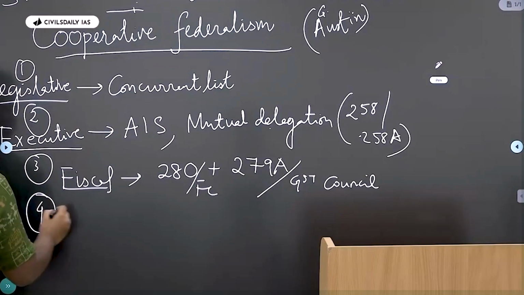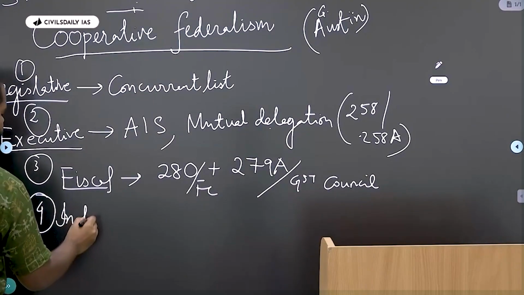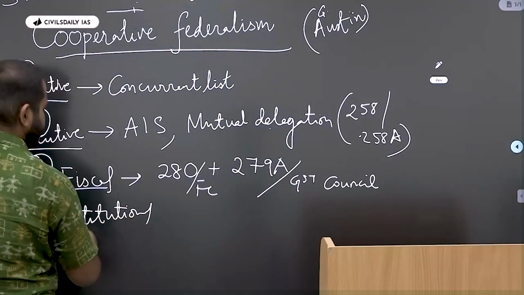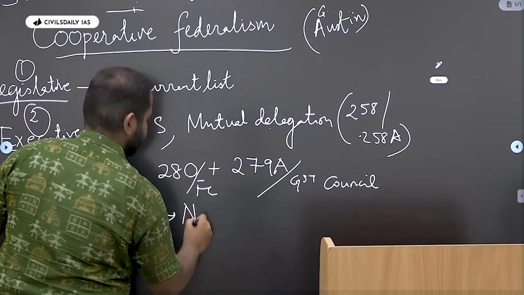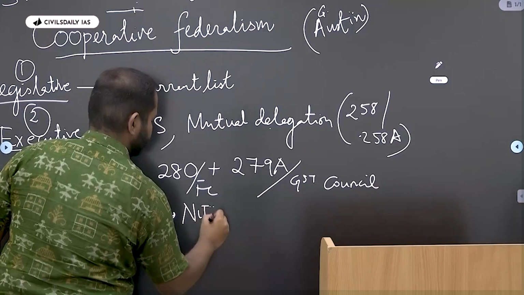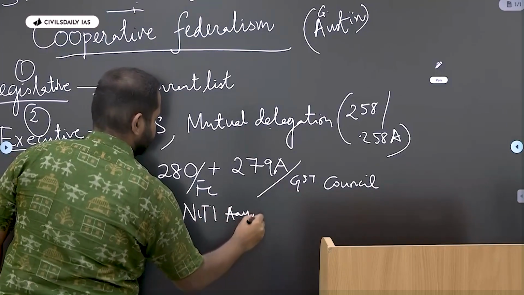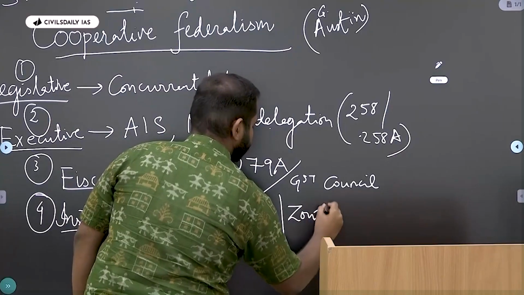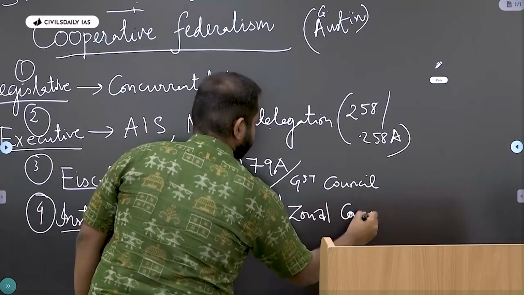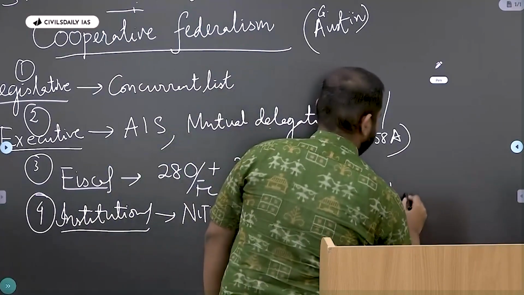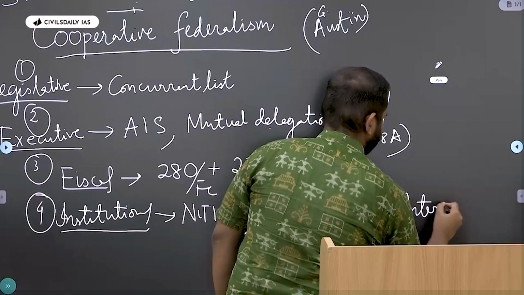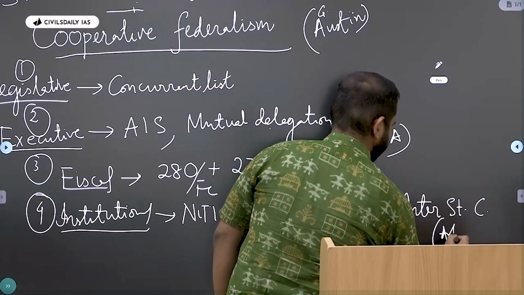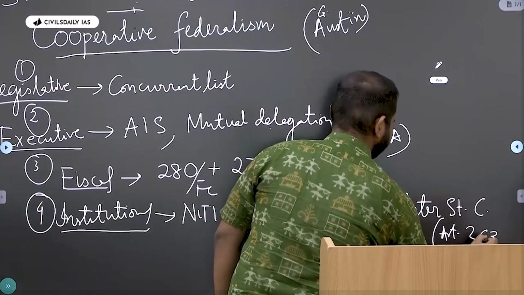And the fourth one could be institutional, which is your three things: Niti Aayog, Zonal Council, and Interstate Council, which is again Article 263.